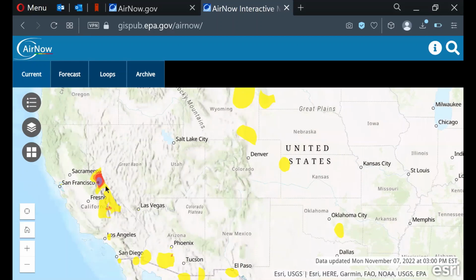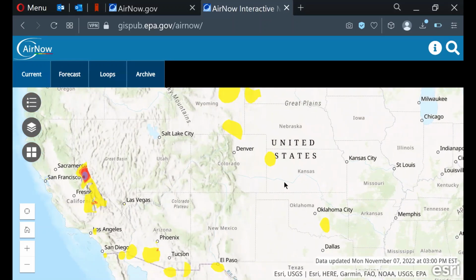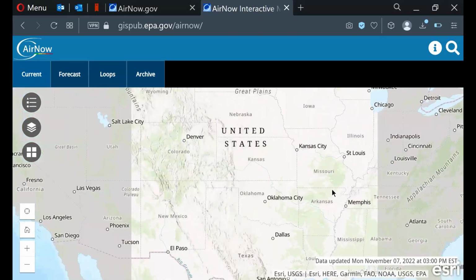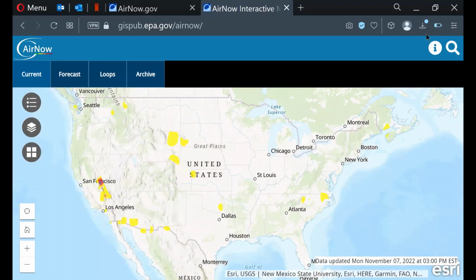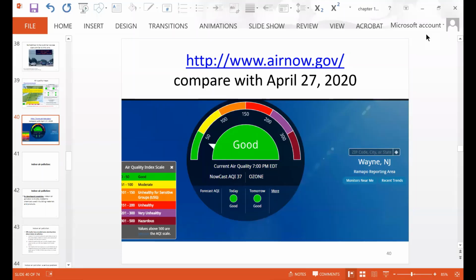And then you have the unhealthy values over here in California. So make sure that you go back to this website in the summer, and you might see that it's in the yellow or sometimes even in the orange section.